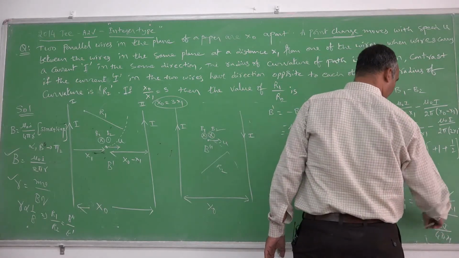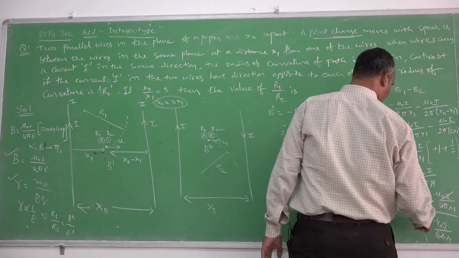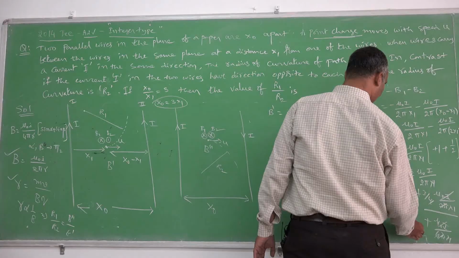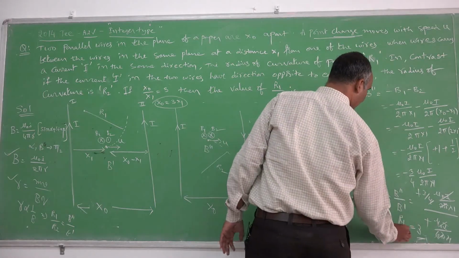Mu naught I by 2 pi cancels, the 4 also cancels, the minus also cancels. The answer is 3. The ratio of radii of curvature is 3.